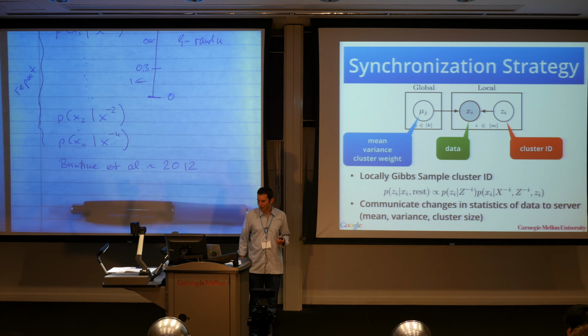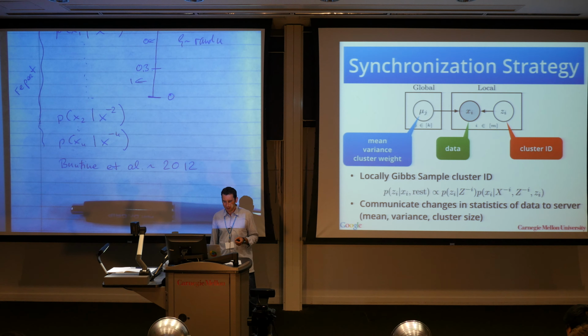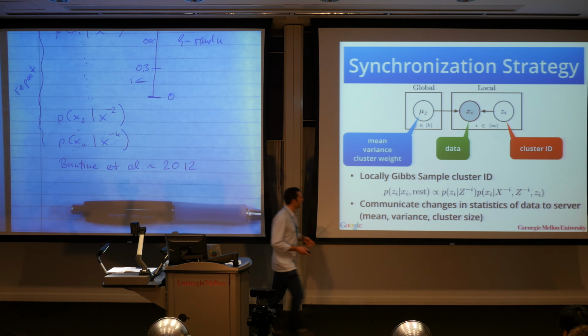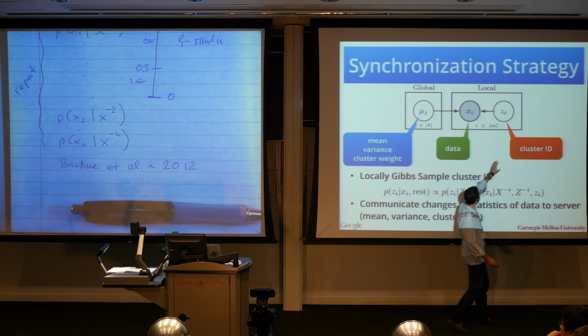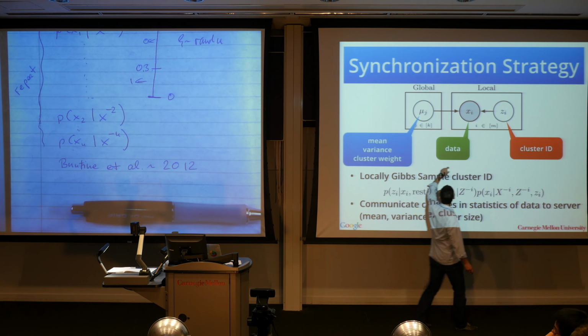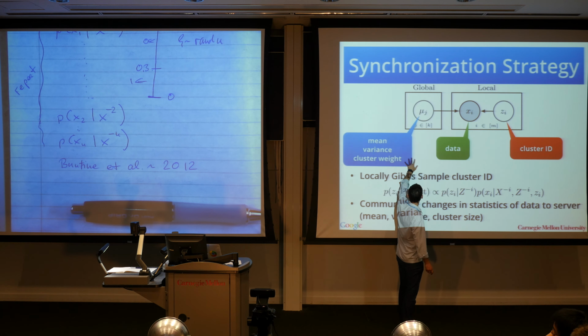Okay. Now, back to this, right? So what I'm basically going to do here is use a Gibbs sampler which will resample the cluster IDs. It'll basically resample the z_i. And then occasionally I'll go and resample the means and variances and so on.